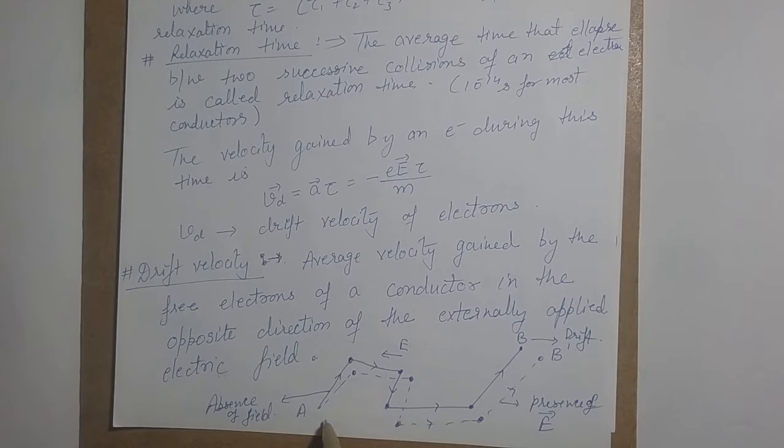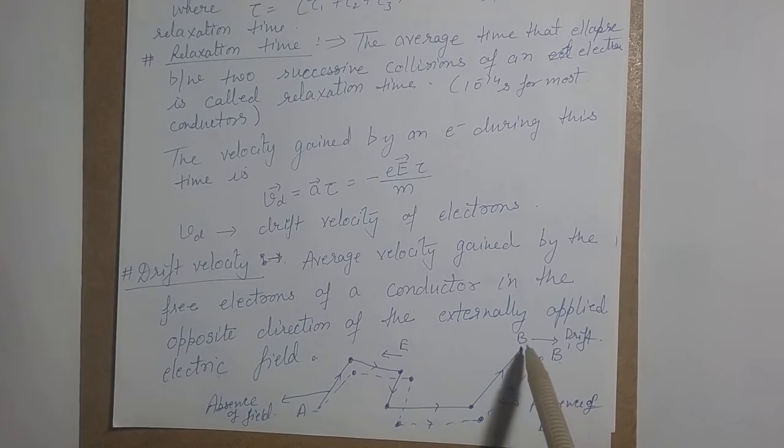Now you can see in this figure we have position A and this is the final position B. In the absence of an electric field, the electron goes randomly in this manner. When the electric field is applied, what is happening here? The electron is sped up from A and moves in this manner.